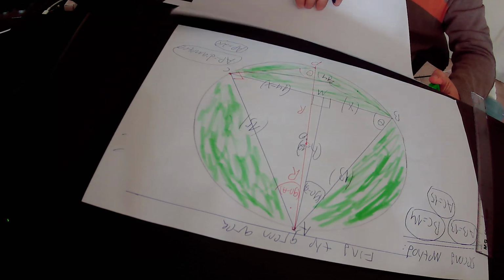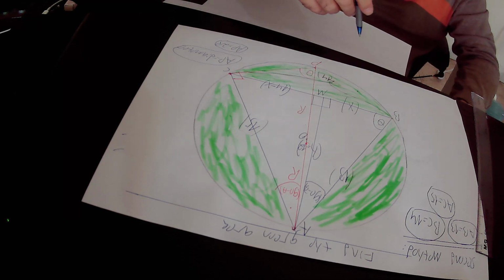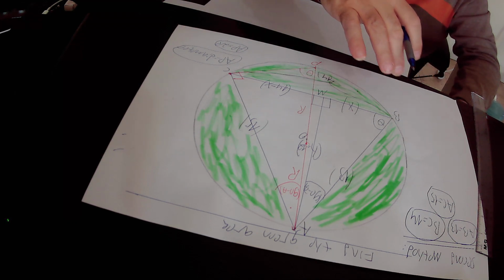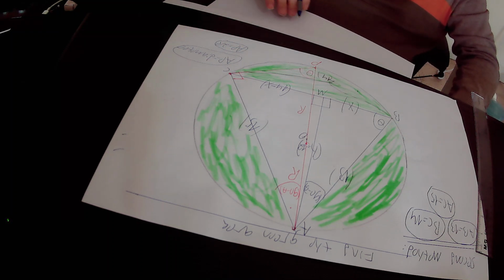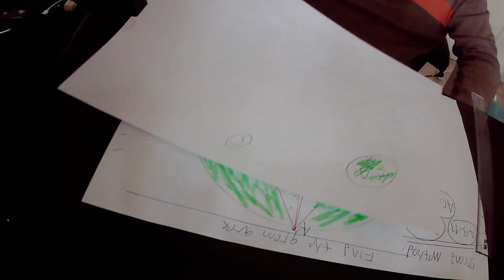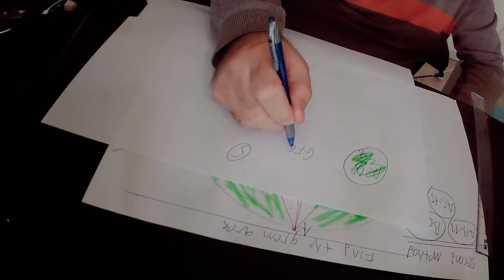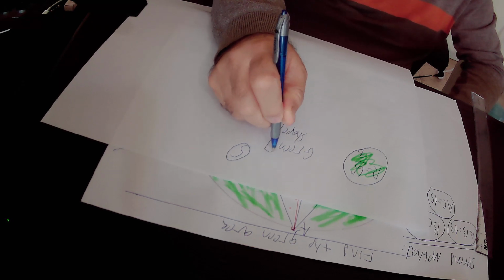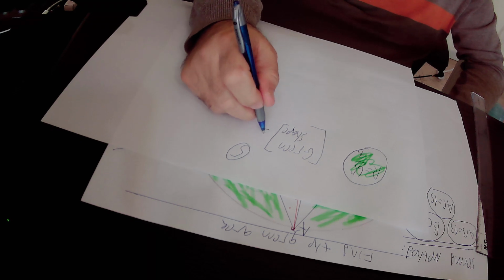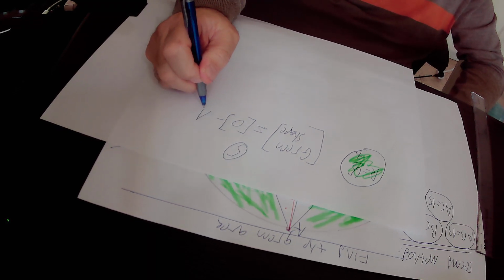Okay. So what is the area of the green shape? From the drawing it is very easy to see that the area of the green shape equals the area of the circle minus the area of triangle ABC. So I write it down. The area of the green shape in total is equal to the area of the circle minus the area of triangle ABC.